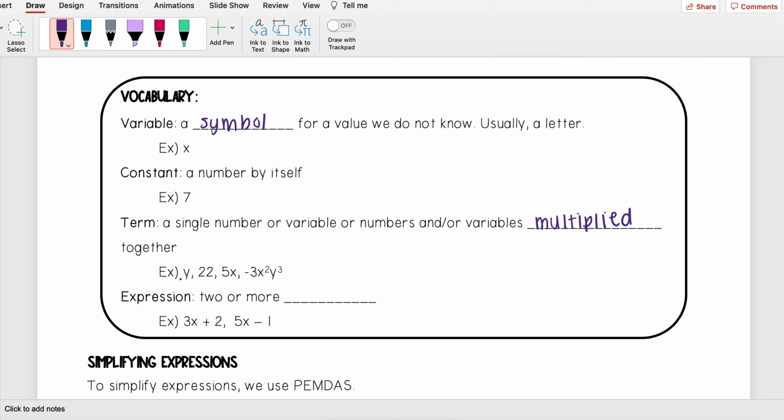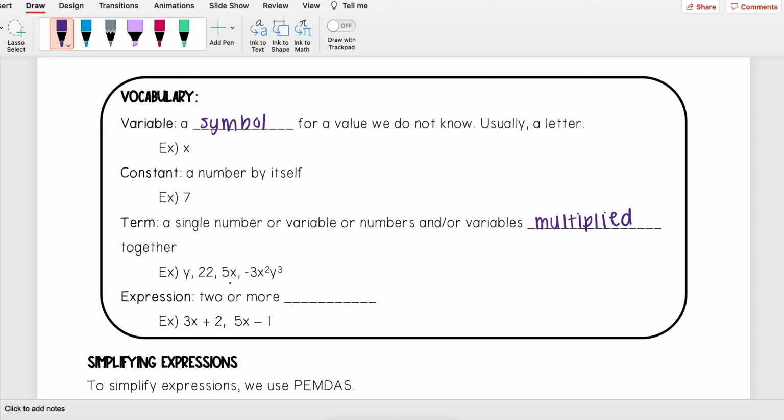So for example, y would be a term, 22 would be a term, 5x, which is really just read as 5 times x, is a term, and negative 3x squared y cubed, which is really just negative 3 times x squared times y cubed. So all 4 of these would be different terms.